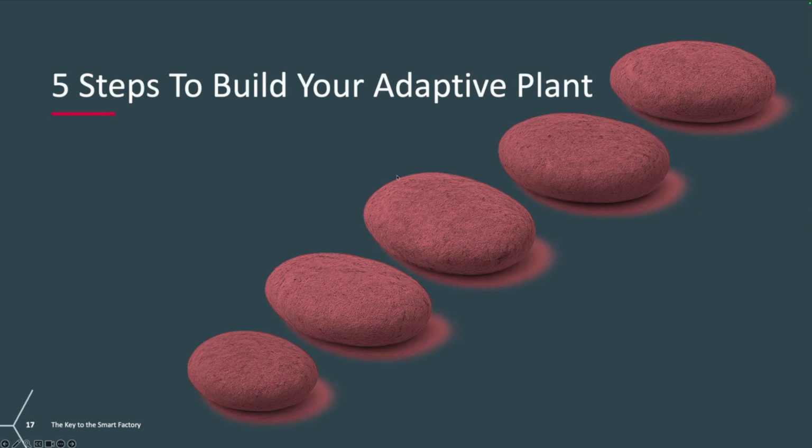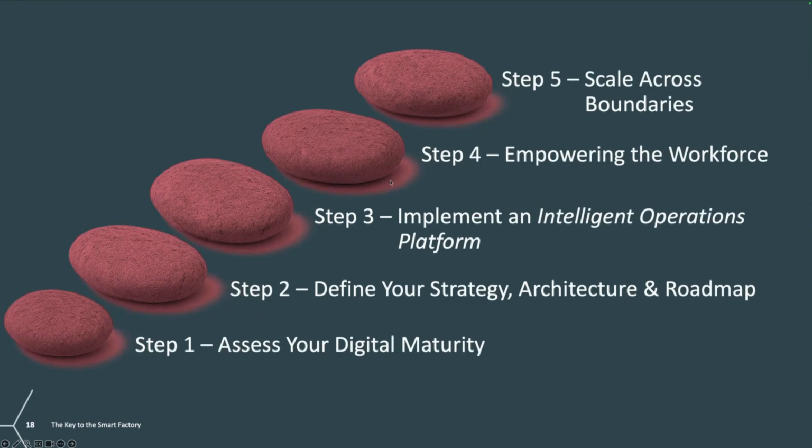So just recapping, 5 steps to build your adaptive plant. That was what we have been talking about today. First of all, assess your digital maturity, know where you are today. Based upon that, define your strategy, your architecture, for example, based upon ISA-95, and build your roadmap. As I said, it's not just a big bang, it's a journey.